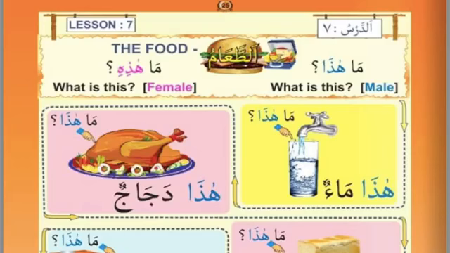The food in Arabic we call at-ta'amu. Can you see the word in yellow color on the burger? Look at the burger carefully.